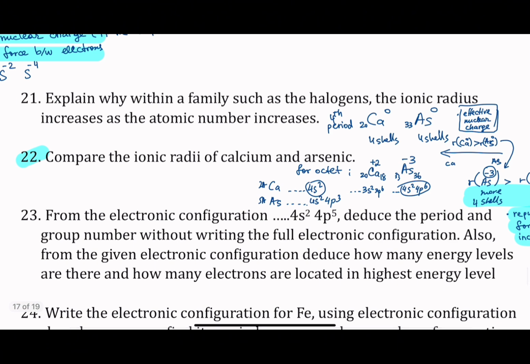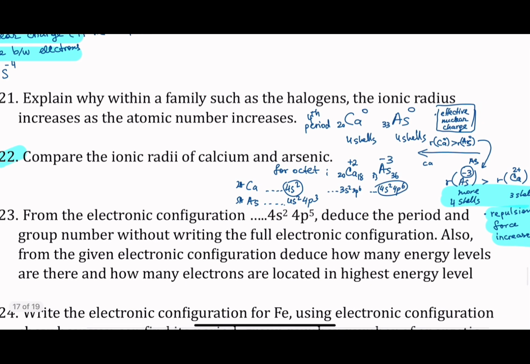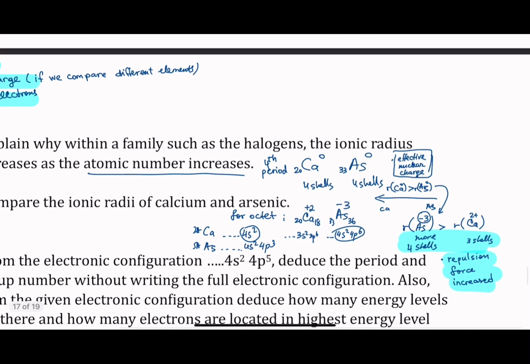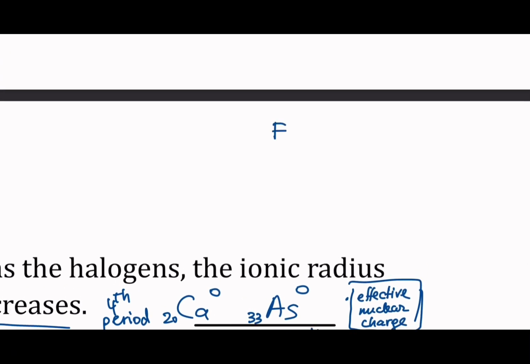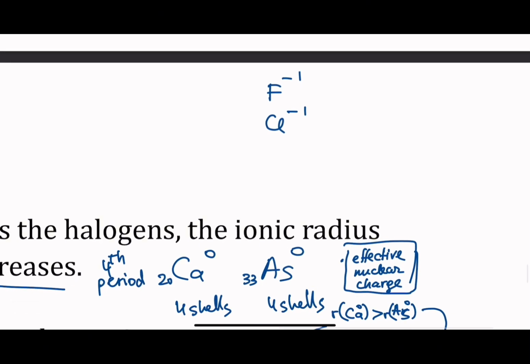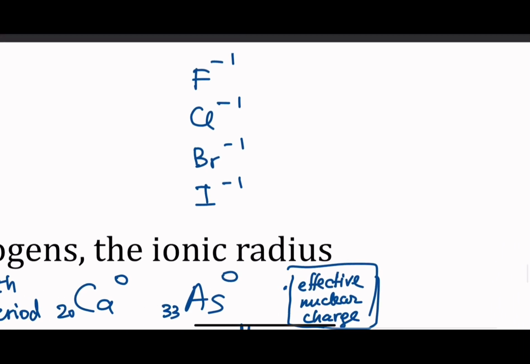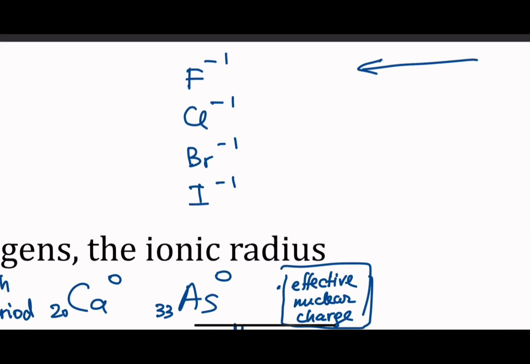Now, question 21 in here: explain why within a family such as the halogens, the ionic radius increases as the atomic number increases. So ionic radius, meaning the halogens, fluorine, they have negative charge. So fluorine -1, chlorine -1, bromine -1, and iodine -1. Normally we talked that atomic radius increases this way, right?